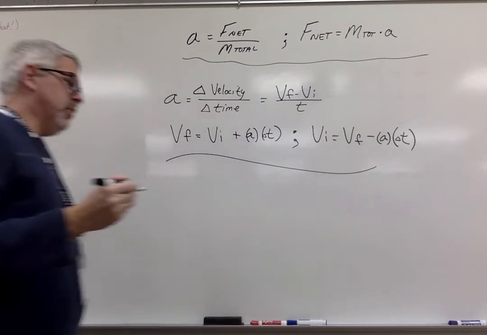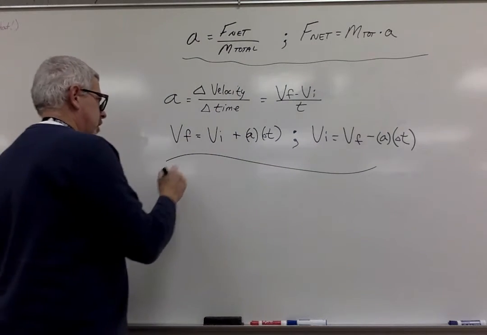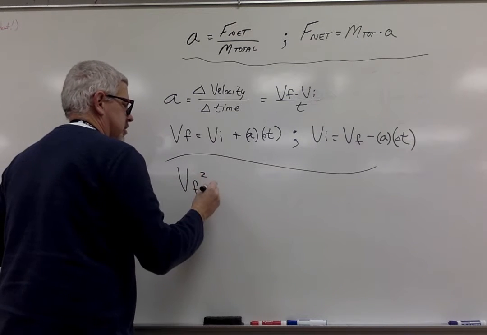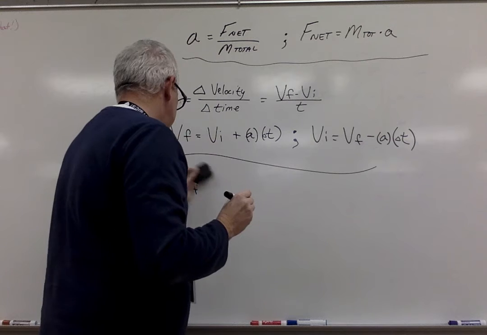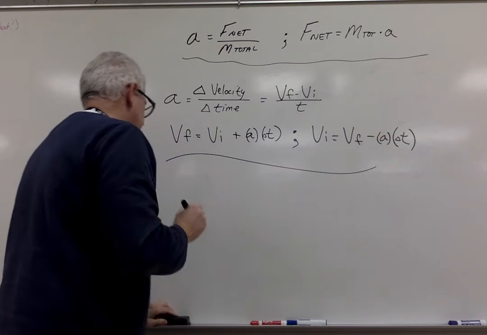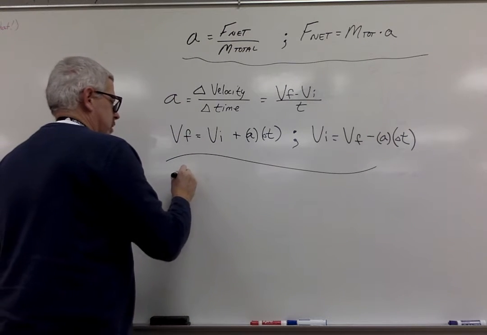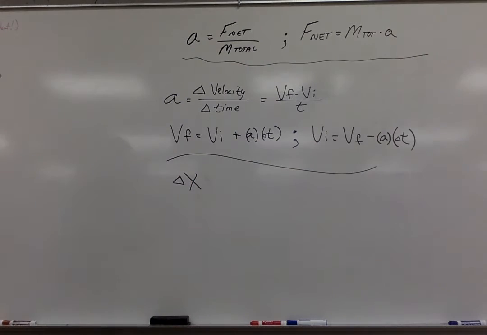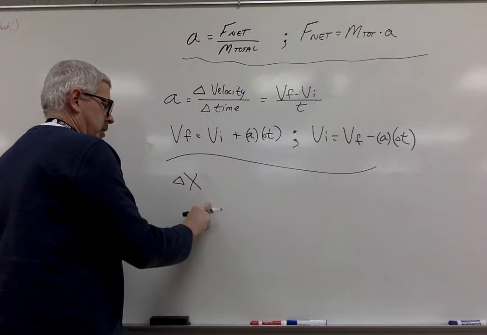Finally, another way we can figure out acceleration, and it's a derived formula, and I'm not going to get into that right now, is this. Oops, hold on. X is position or distance sometimes, so we see that a lot in math as well.